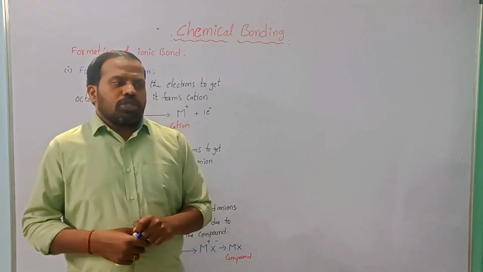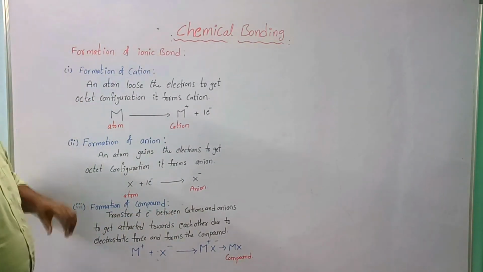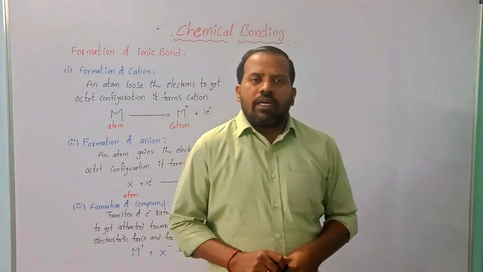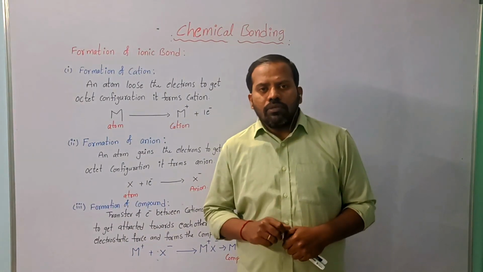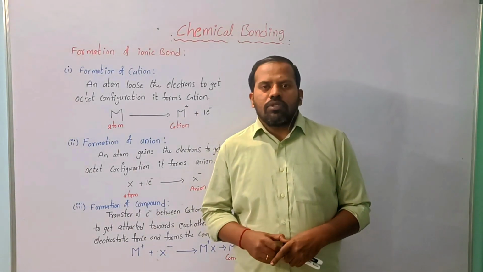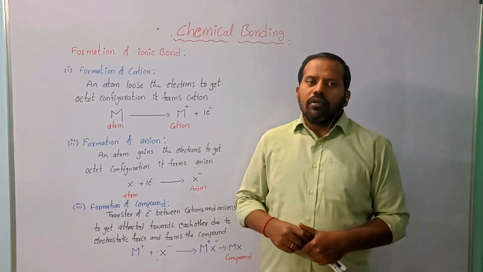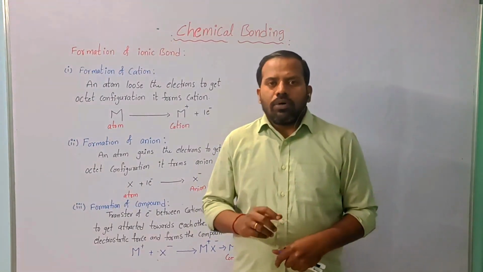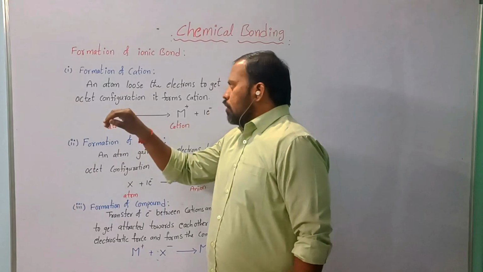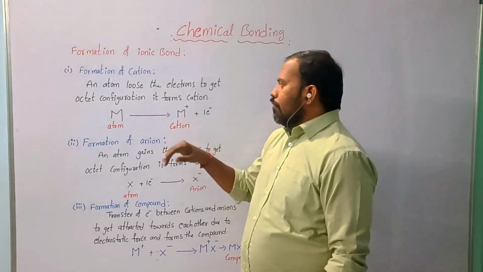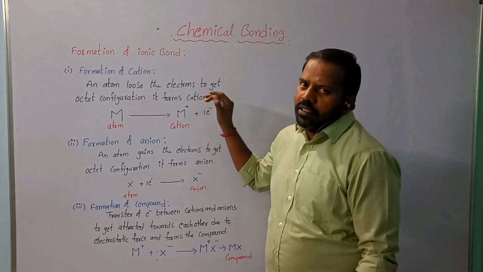So we have to check the formation of cation. Sir, what is the cation? Cation is nothing but it must get the positive charge. When an atom loses or donates an electron, then that atom can get the positive charge. So that is what we wrote here. An atom loses electrons to get an octet configuration, then it forms the cation.